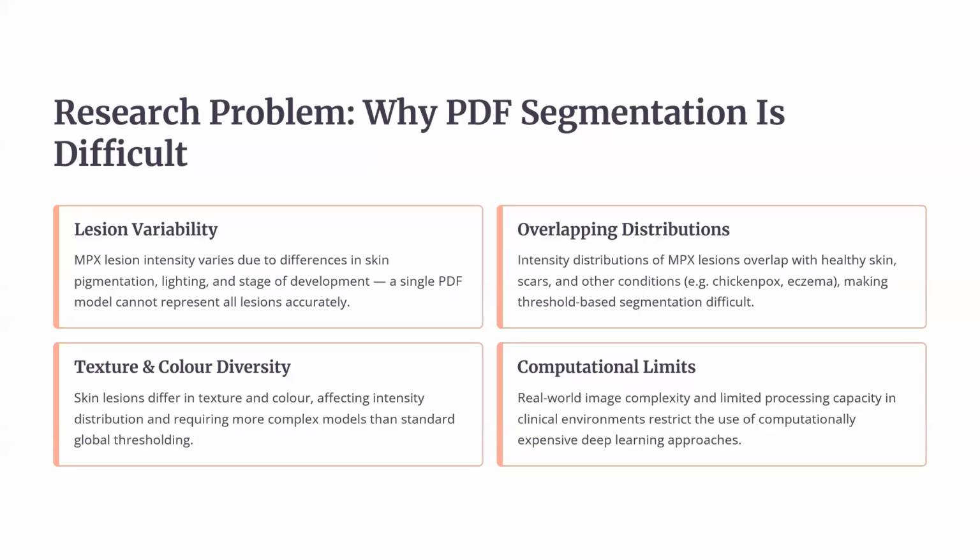The research problem lies in the difficulty of accurately segmenting monkeypox lesions from medical images. This is not a straightforward task because lesion appearance varies from one patient to another, depending on skin pigmentation, illumination conditions, image quality, and the stage of lesion development.